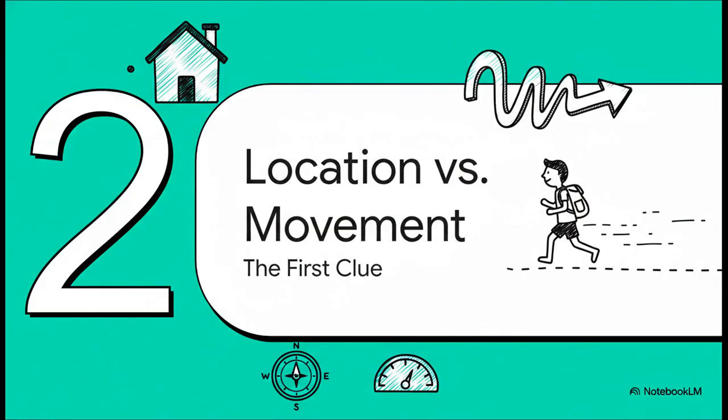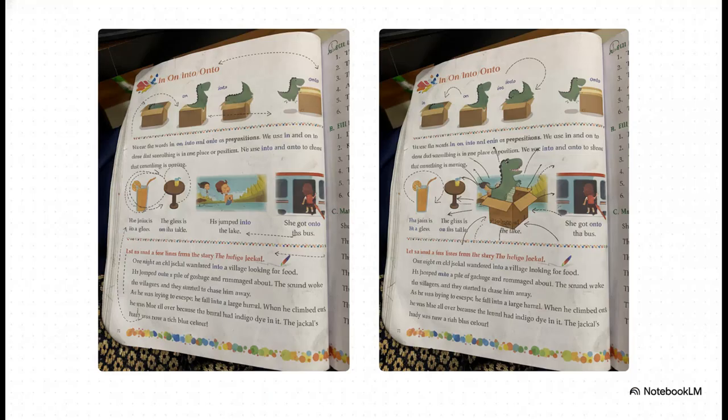Now, this is where things start to get really interesting, and honestly, it's where most of the confusion happens. So let's look at the very first major clue to cracking this preposition code, the huge difference between location and movement. This comparison just shows the difference perfectly. On the left, you can see the dinosaur is in the box. It's just sitting there. That's a fixed, static position.